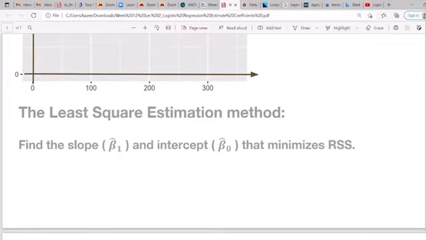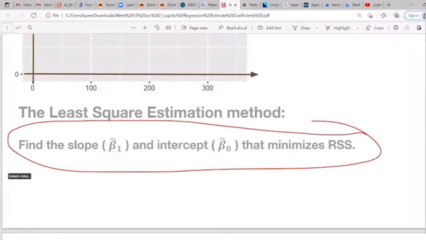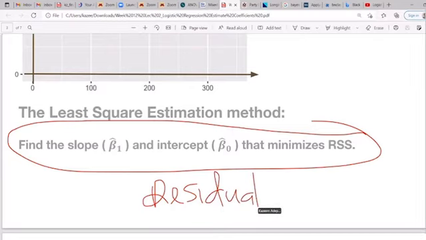In linear regression, the least squares method ensures that the residual sum of squares is minimized.